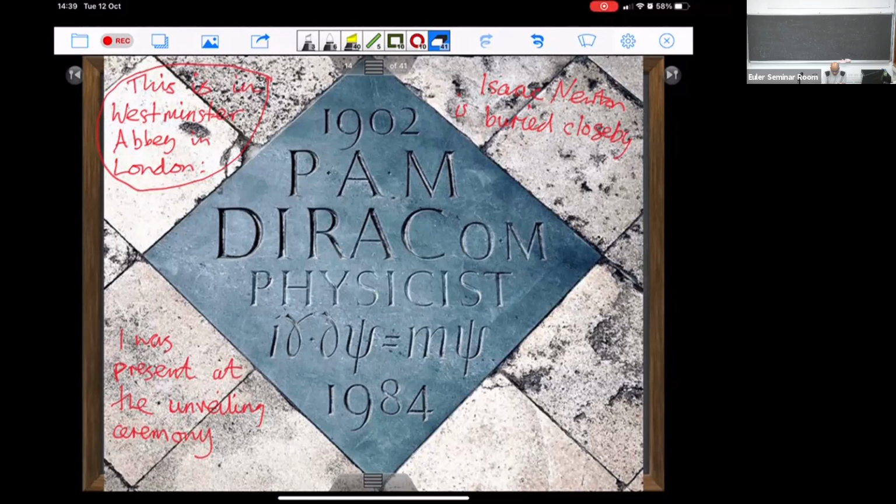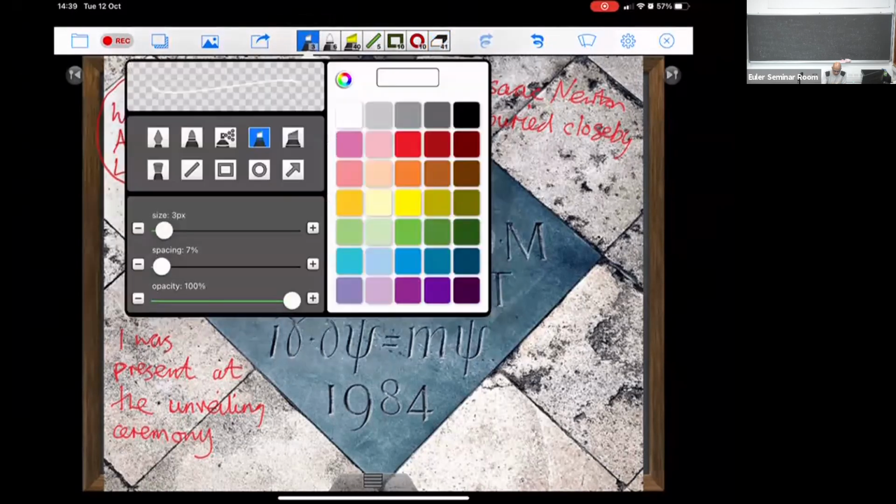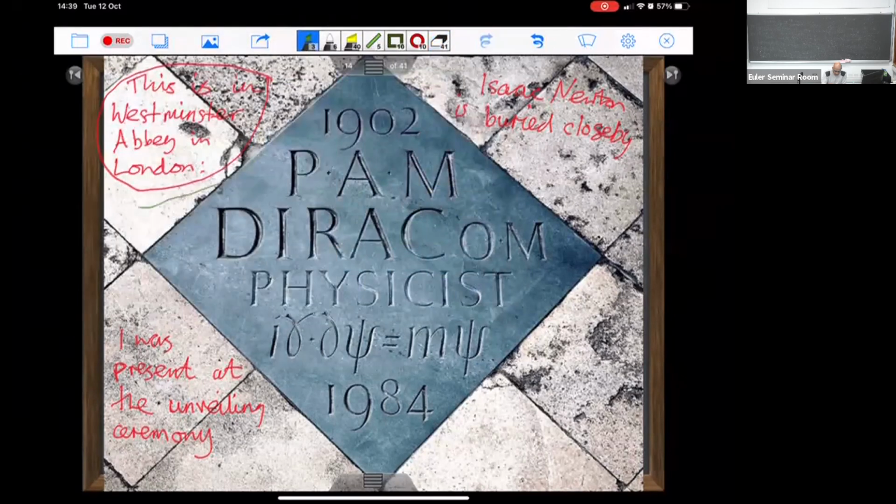The Dirac equation is written on the floor in Westminster Abbey, which is a big church in London.